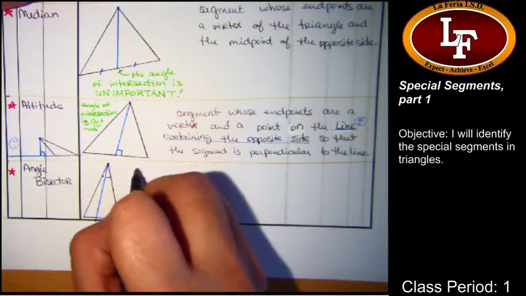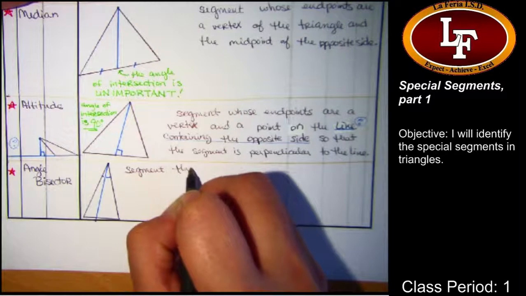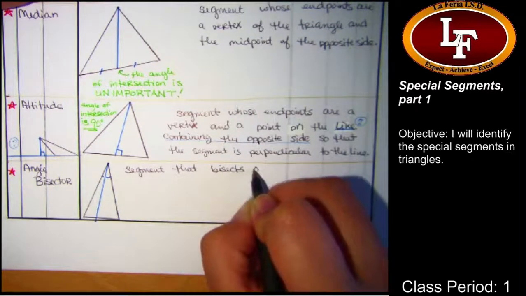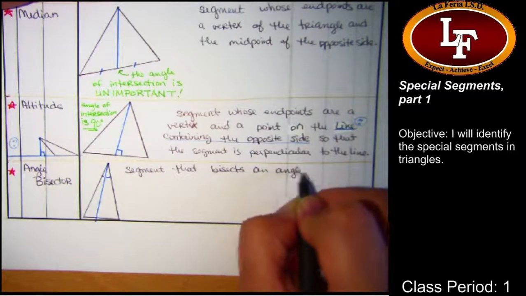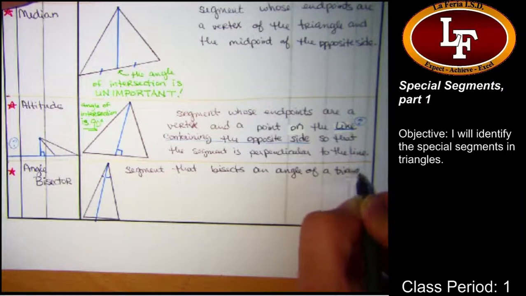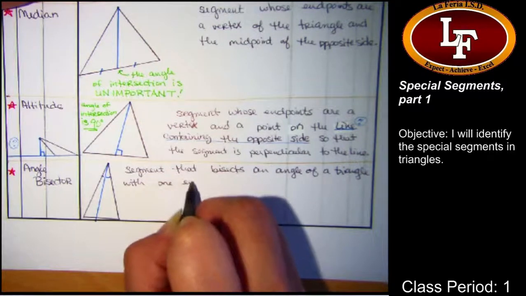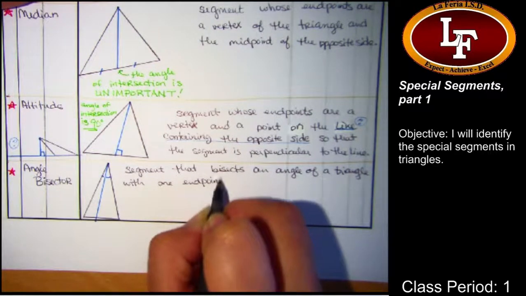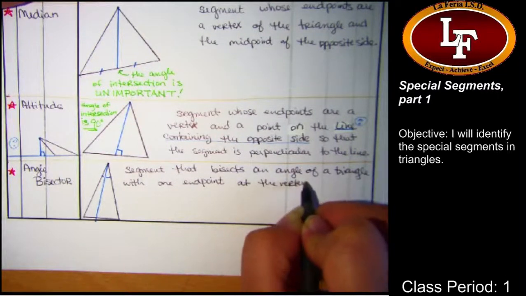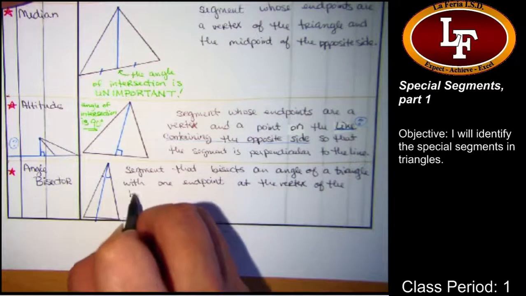It bisects. Let's start here with the definition. It's a segment that bisects an angle of a triangle, with one endpoint at the vertex of the bisected angle.